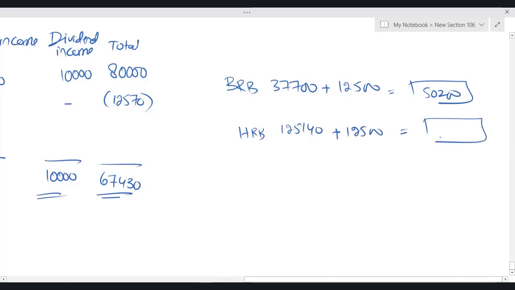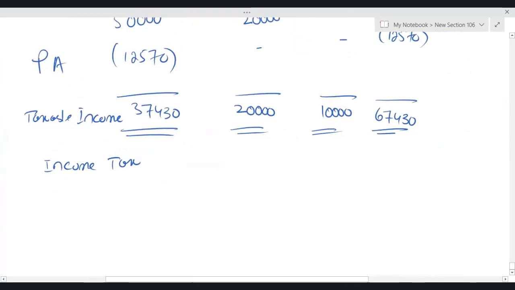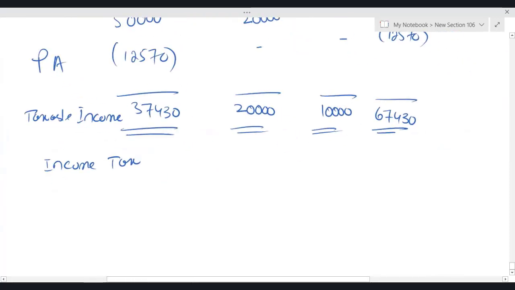So the new high rate band limit in this question, which is not required because the taxable amount is very low, but still, for the sake of understanding, goes up to 1,37,640. So obviously the entire 37,430 of the non-saving falls in the basic rate band.